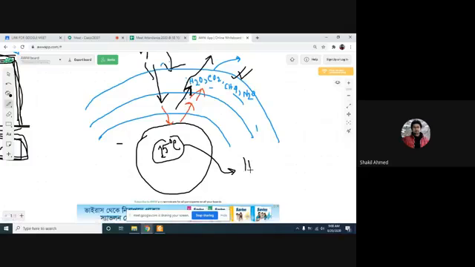Then human beings would not survive on this Earth. So we need this to keep our Earth at a comfortable temperature at which we can survive. Okay, so that's natural.